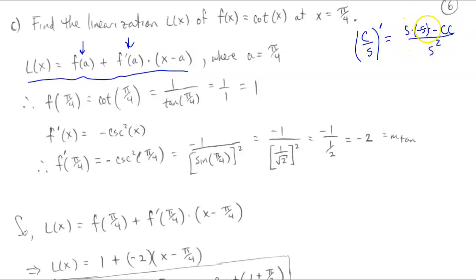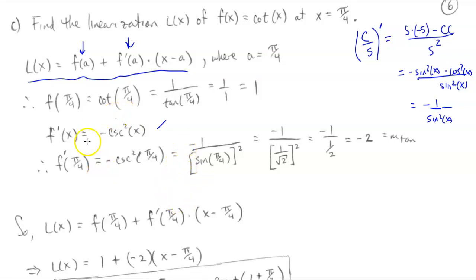Here, this s times s here is kind of like saying a minus sine squared, and cosine times cosine is a minus cosine squared. And this is sine squared here. And notice here that sine squared plus cosine squared is 1. So that means minus sine squared minus cosine squared is going to be minus 1. And of course, the reciprocal of sine is cosecant. So that means the reciprocal of sine squared is going to be cosecant squared. So that's how we get that.